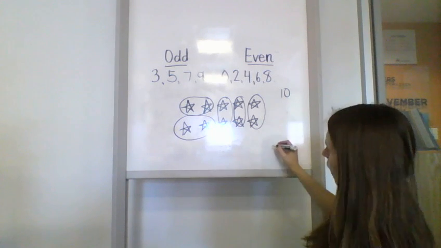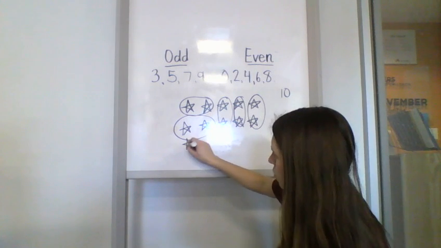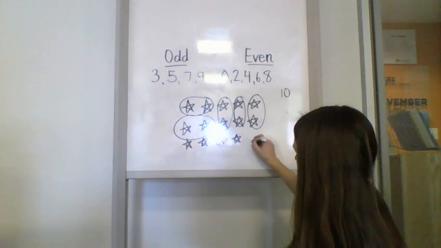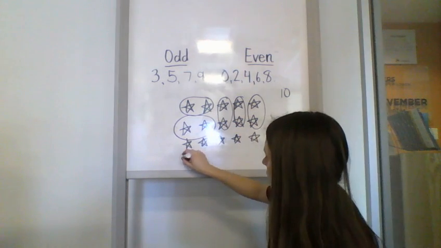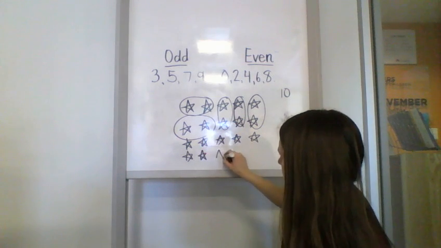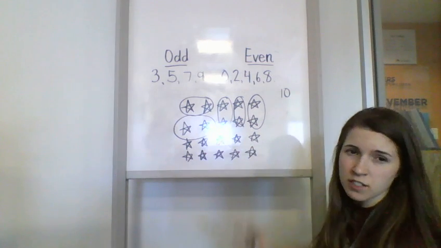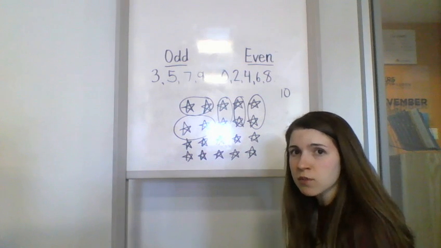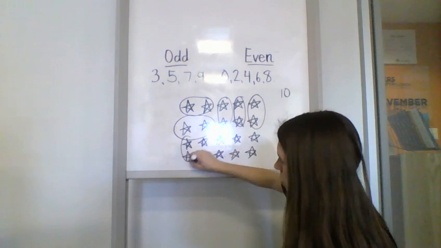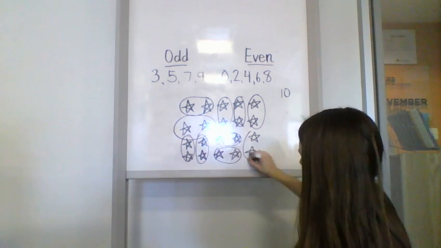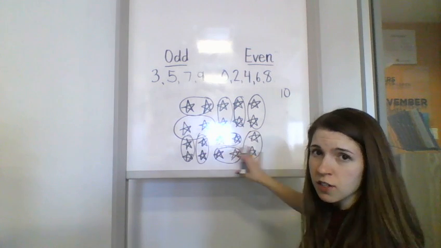So even if I were to have 20, if I added 10 more, 1, 2, 3, 4, 5, 6, 7, 8, 9, 10, now I have 20 stars up here. Let's see if I can keep circling to make partners. So here's another one. There's still no stars left over.